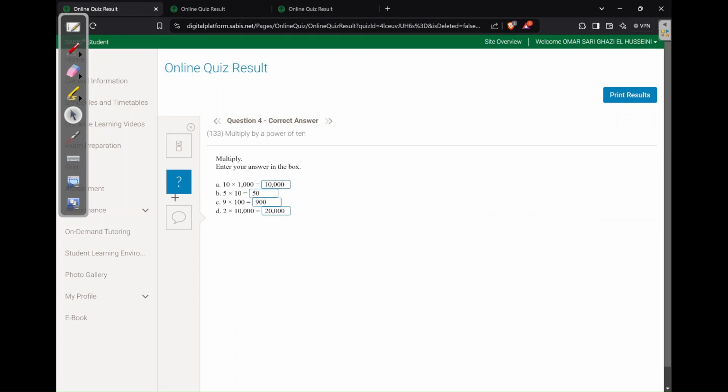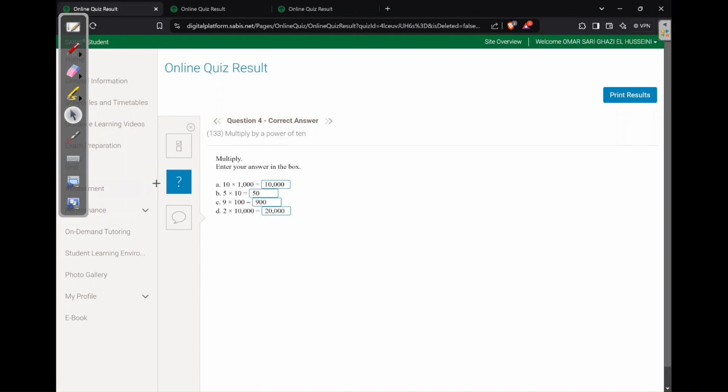10 times 10,000 equals 100,000. We use this zero and those three zeros at the end. 5 times 10, very easy in the multiplication table, 50 of course. And 9 times 100 equals 900, because we use those zeros at the end.